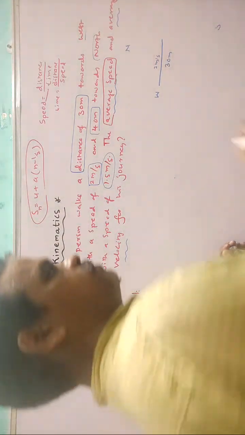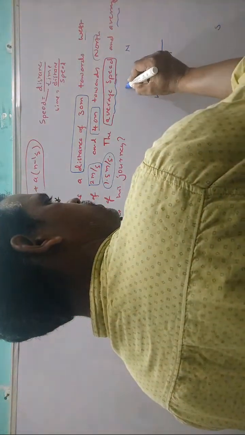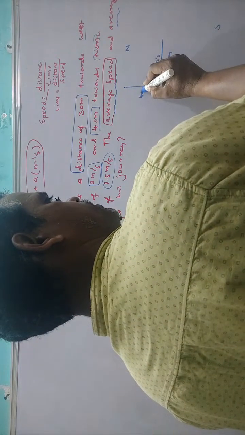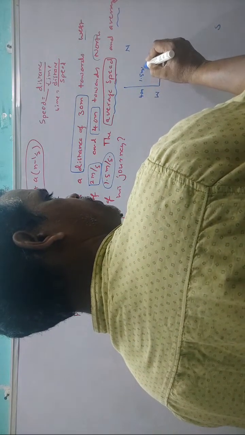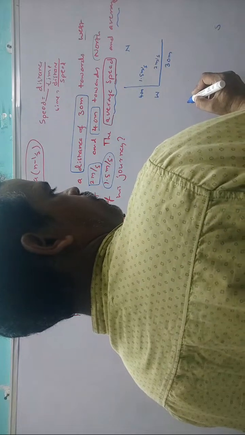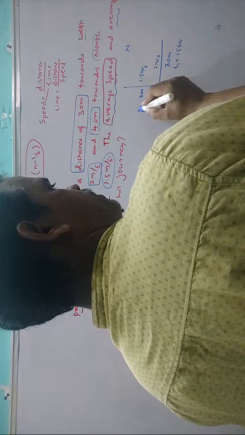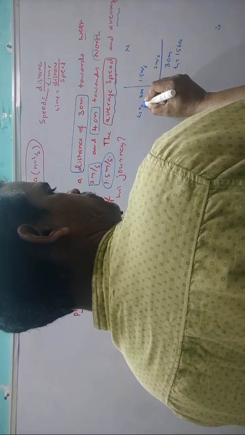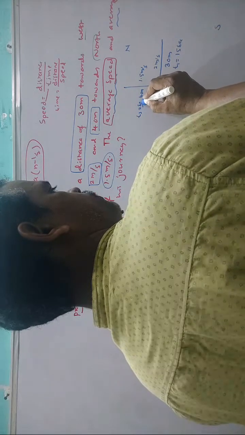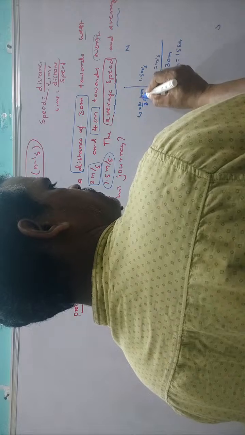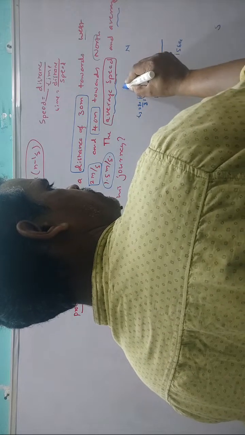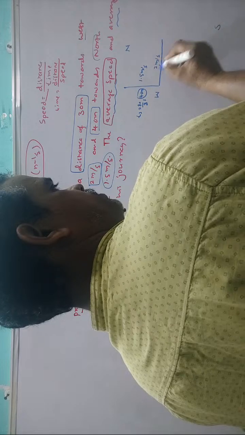Then towards north, 40 meter he traveled with 1.5 meter per second. So here time taken 15 seconds, already we calculated. Here time taken t2 is equal to 80 by 3 seconds. So this is 40 meter towards north. So he traveled like this, like this.